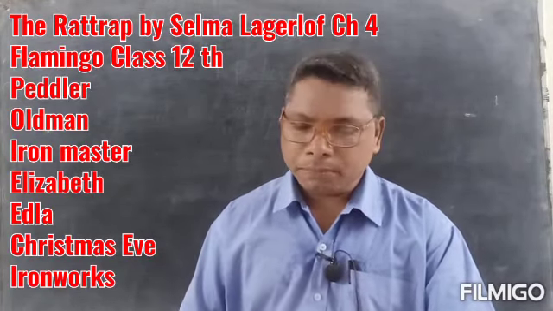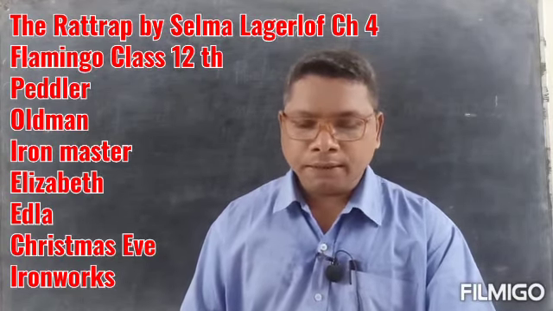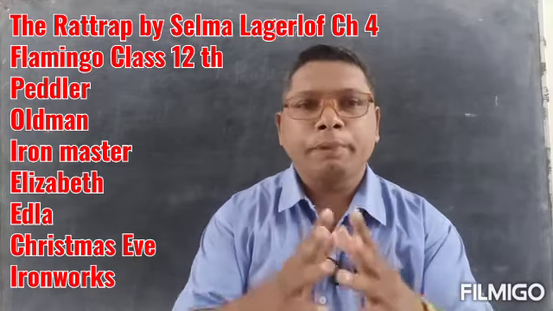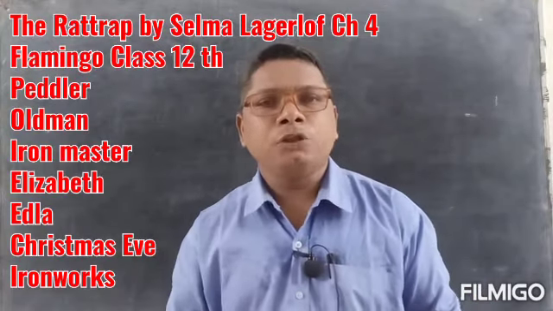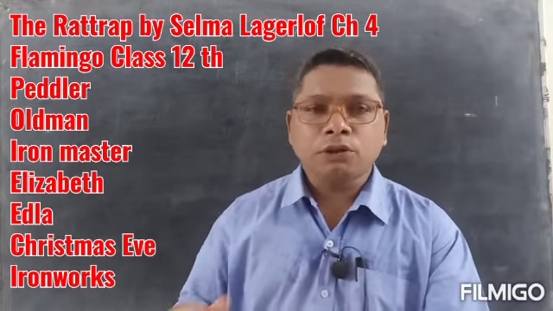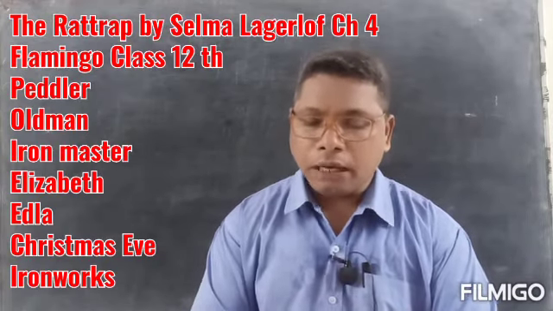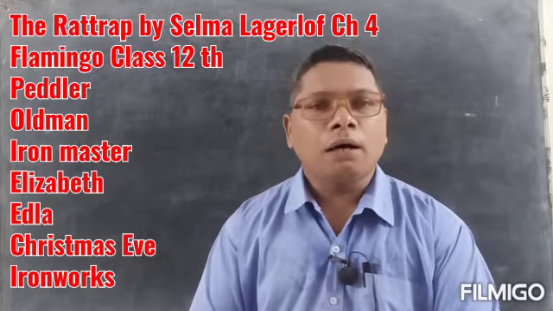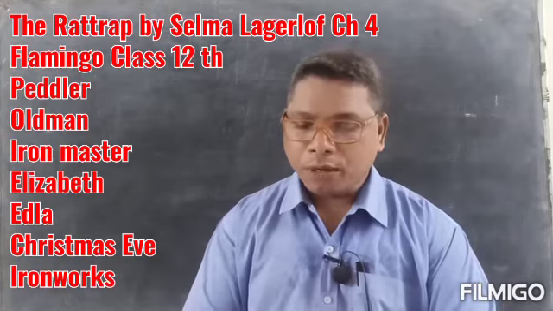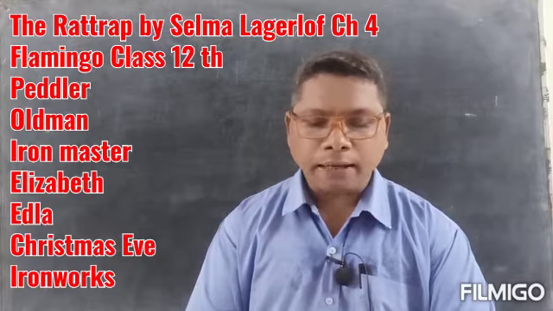He used to beg even for the material used for making the rattraps, because he wanted materials to make them. Selling the rattraps was not sufficient for him to earn money, and it was difficult to make a living out of rattraps.